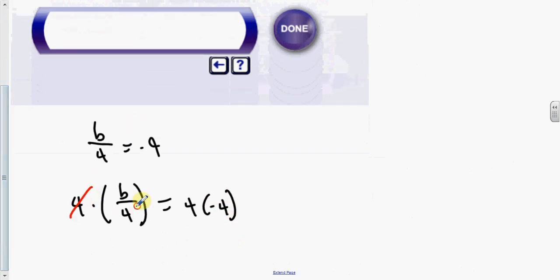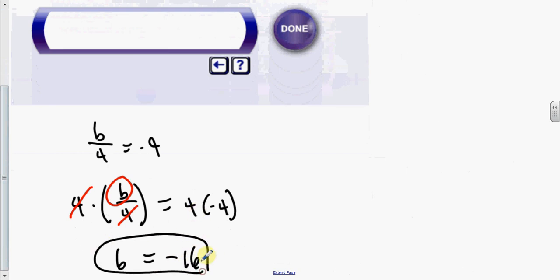Well, this is 4 divided by 4. It cancels out. You have left just that b there, so that's what you write. This is b is equal to positive times the negative is negative. 4 times 4 is 16. So b is equal to negative 16. Did you catch that?